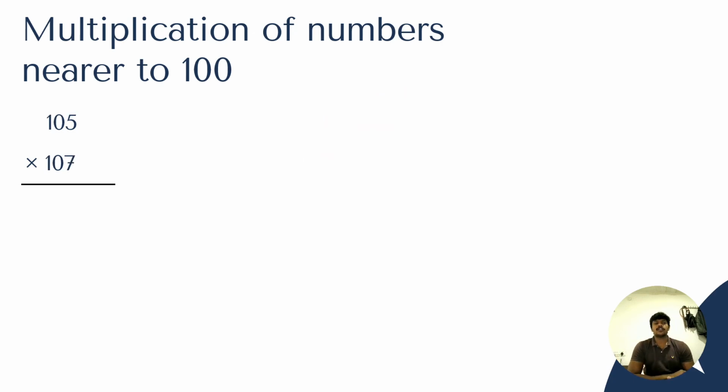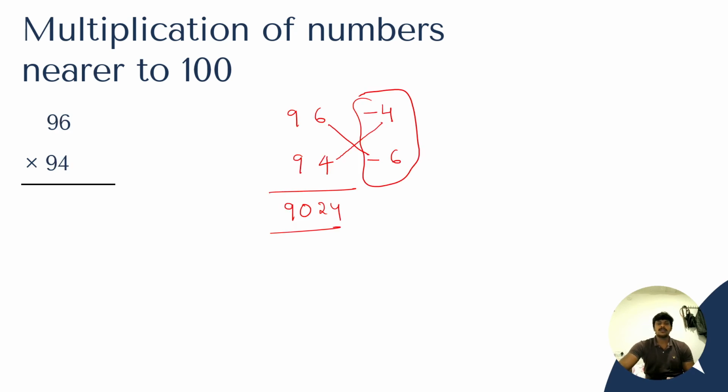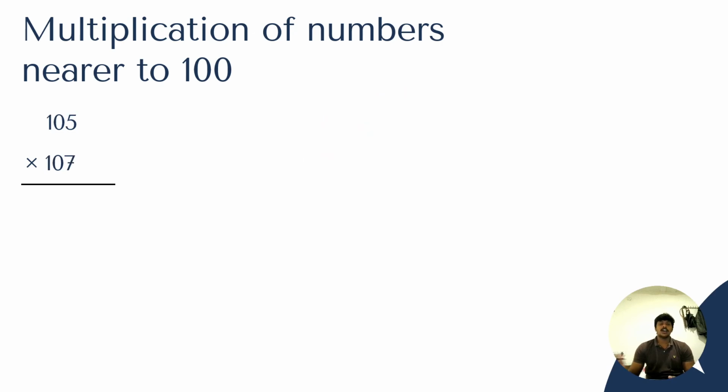Let us take two numbers, 105 and 107. In the previous case the numbers were less than 100; now we have numbers more than 100. The only difference is that there you take minus because the numbers were less than 100. Here this number is 5 more than 100 and this number is 7 more than 100.